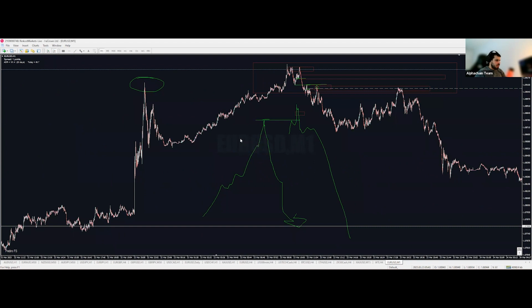Unless there's already some kind of high created in here that this high is faking out.